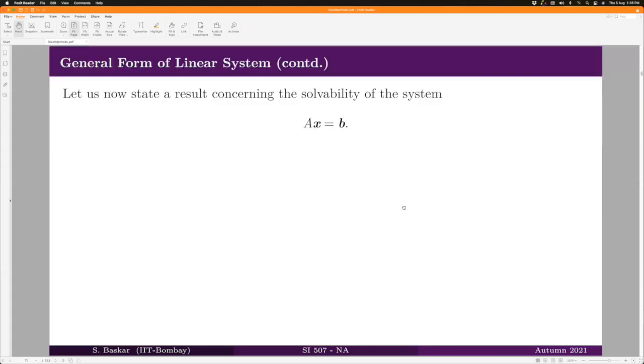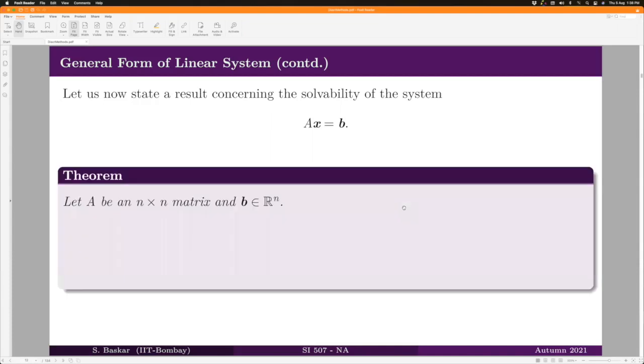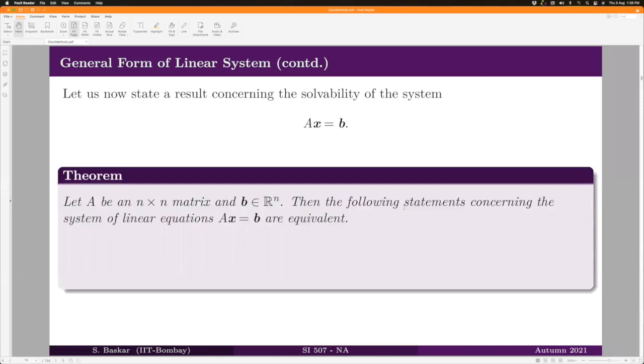Let us first recall an important theorem regarding a linear system of equation and its solvability. Let A be an n cross n matrix and B is a vector in Rn. Then the following statements are equivalent. One is the determinant of A is not equal to 0.